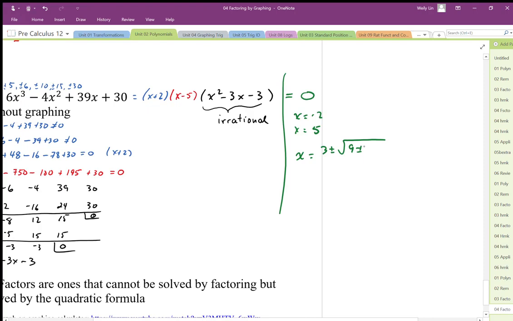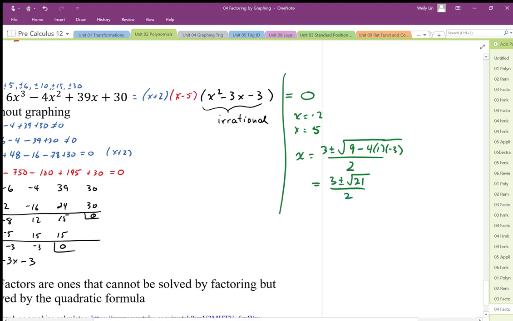So it's going to be negative b plus or minus the square root of b squared minus 4ac, all over 2a. So this ends up being 3 plus or minus the square root of 21, over 2.